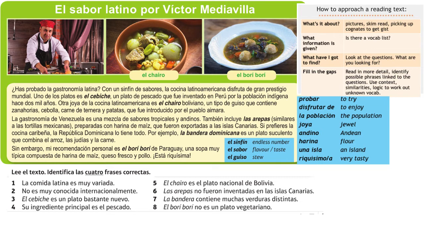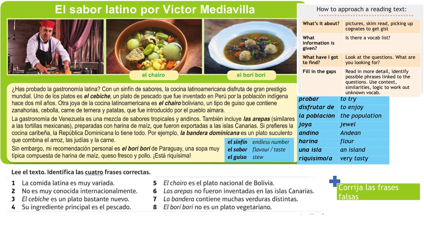Number one is true. So you're going to go on like that. You're going to mark whether it's true or false. And for a little extra, correct the phrases which are falsa. Por ejemplo, número dos, no es muy conocida internacionalmente. It is not very well known internationally.